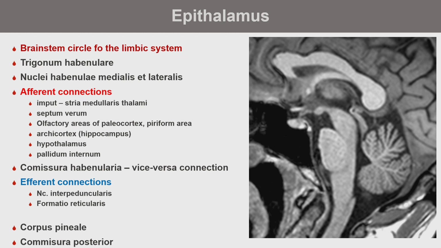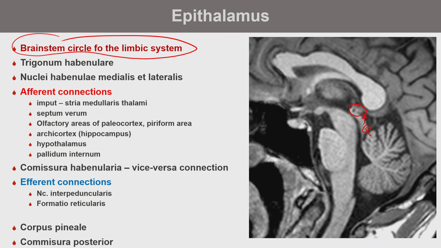Epithalamus. Epithalamus is the part which is localized dorsally from the third ventricle. It's very close to the quadrilaminal plate, and it is an important part of the brainstem circle of the limbic system.